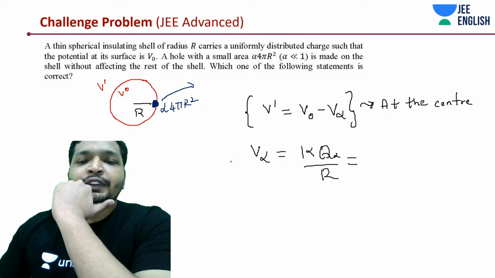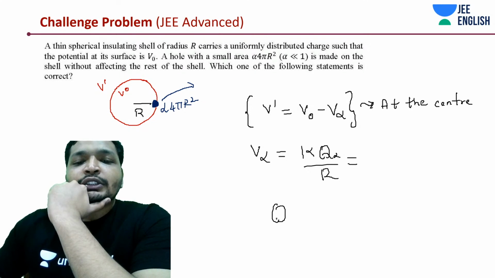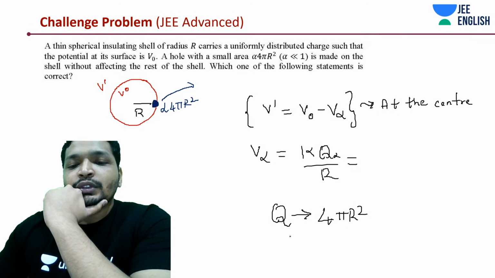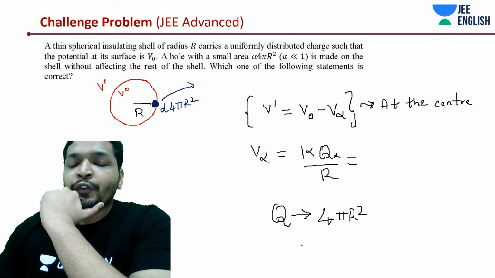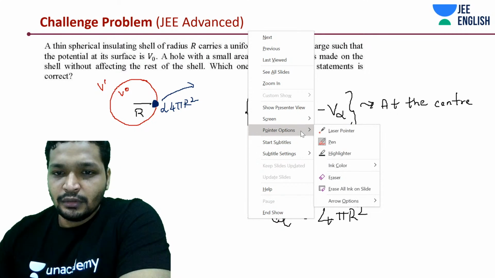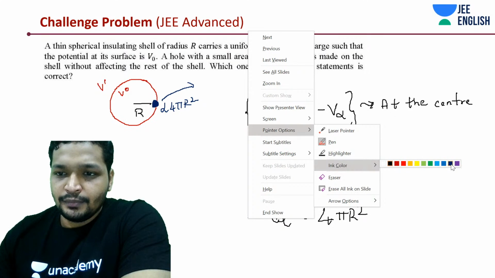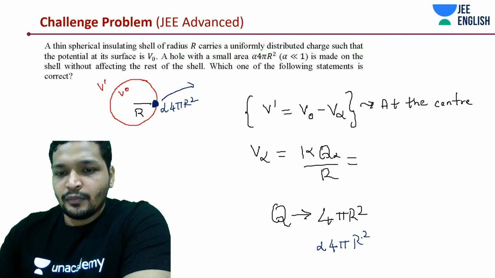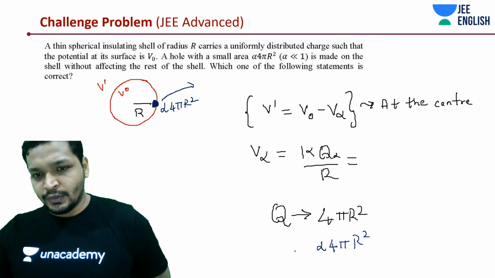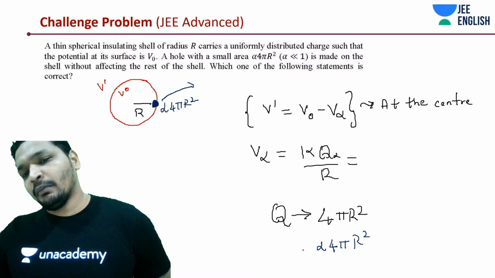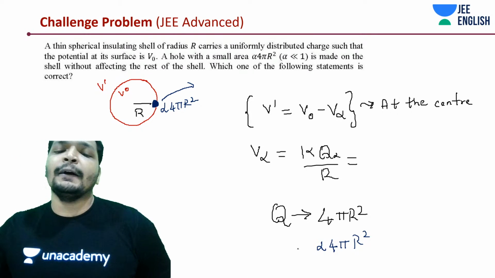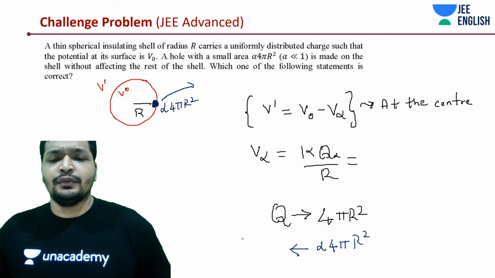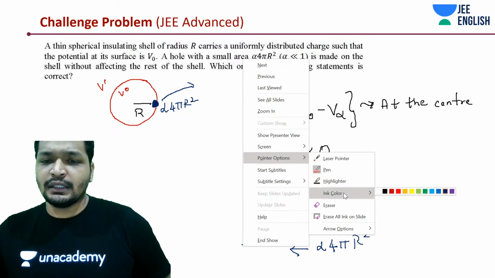What is Q alpha? If the total on 4 pi r square was Q, then on alpha into 4 pi r square, how much would it be? It would be alpha into Q. Really that's simple, I believe.